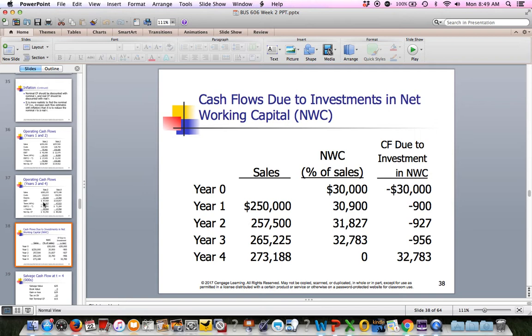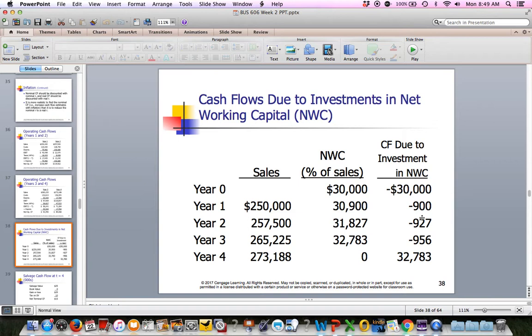So net working capital, current assets minus current liabilities, goes up, and they said it would be 12% of the sales number. And so it goes up right here, which means my investment in net working capital is now a negative. I had to spend money, a net $30,000 to acquire the capital needed to start this project.